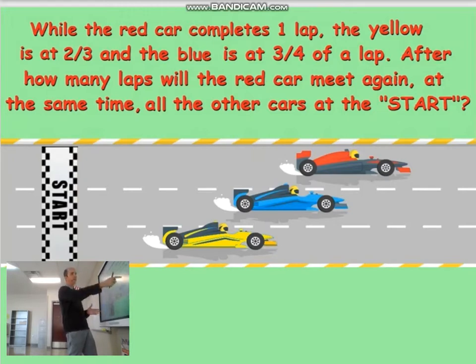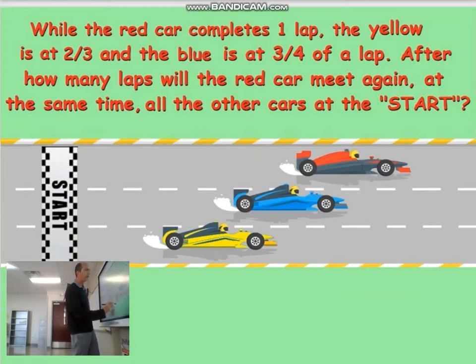But of course, the red car is ahead because it's faster. The blue car is a few laps behind. The yellow car a few laps behind the red car. But they are all completing a lap at the same time.